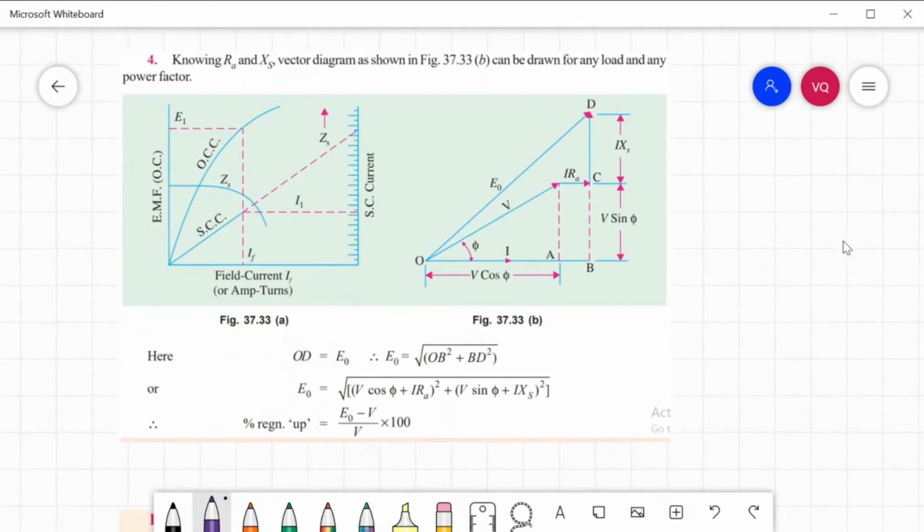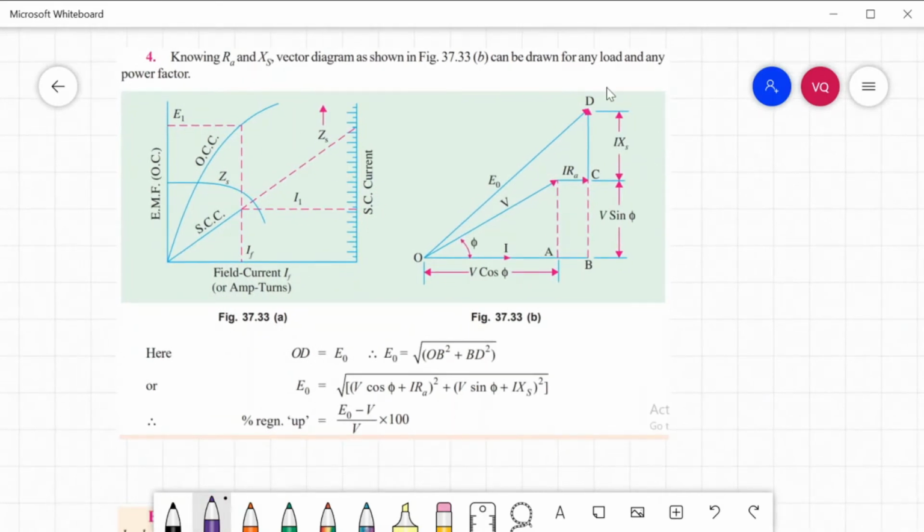So this is now your vector diagram, but I will not use current as the reference. I will use voltage as the reference. Okay, they are the same, but it depends on your reference. So here, using this vector diagram, you can solve the no load voltage.